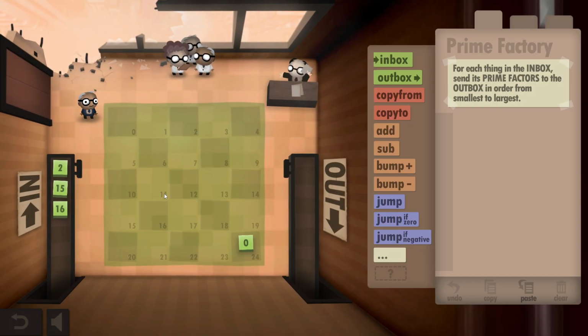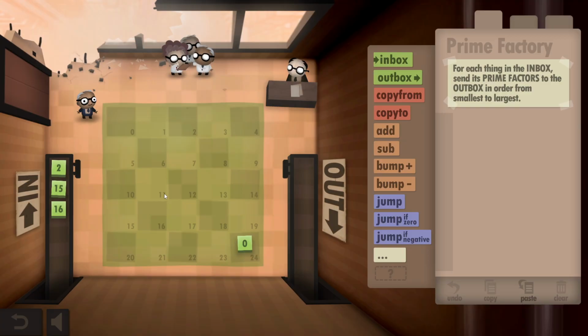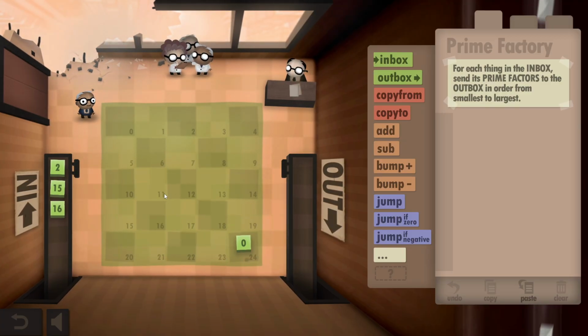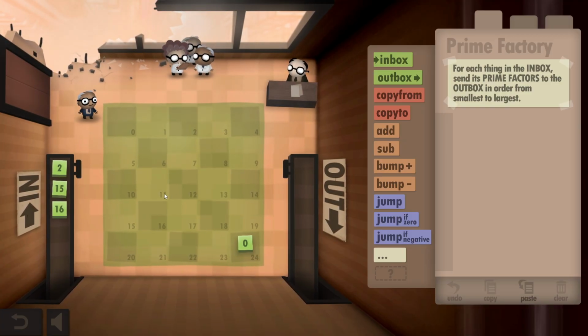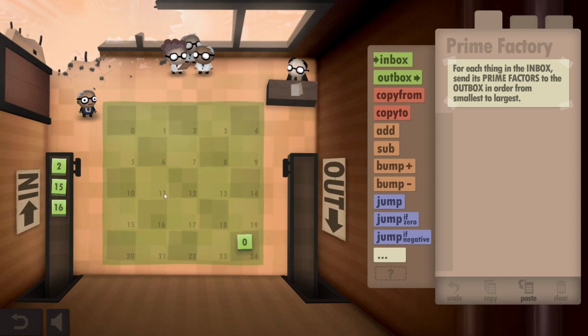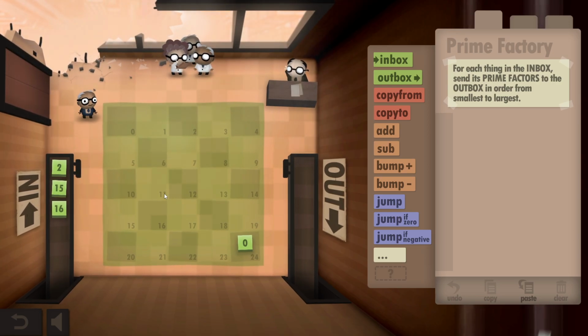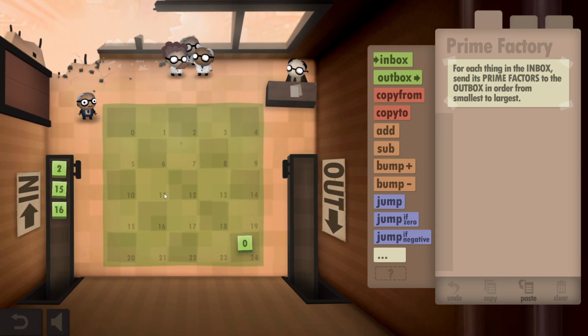Because it can only be divided by itself and 1. How do we check that? The prime factors here are 1, 5, and 4.